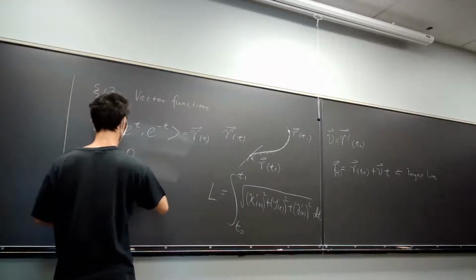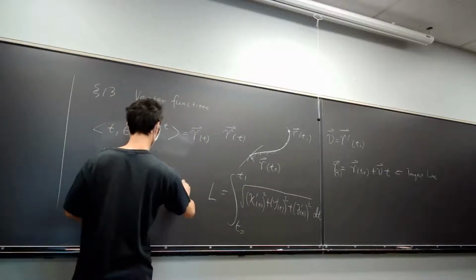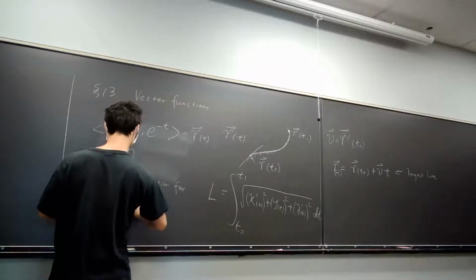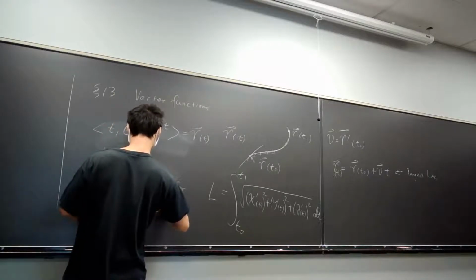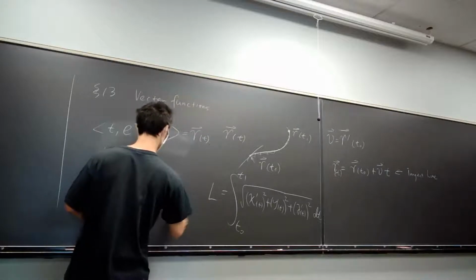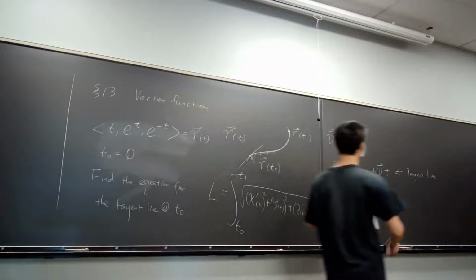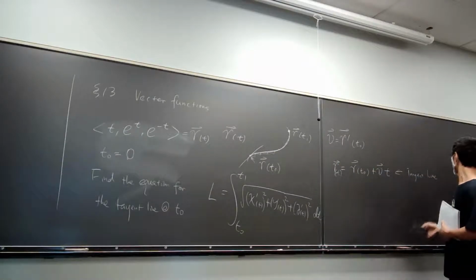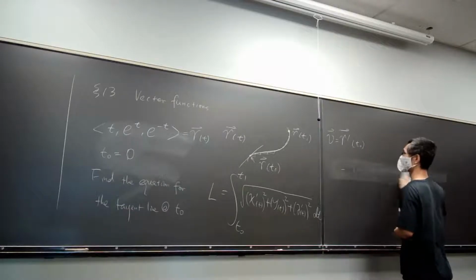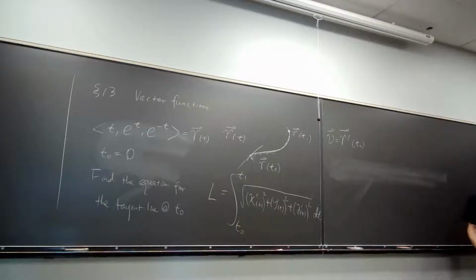Find the equation for the tangent line at t0. I can erase this, because that's the thing you will use. Who can do this problem?